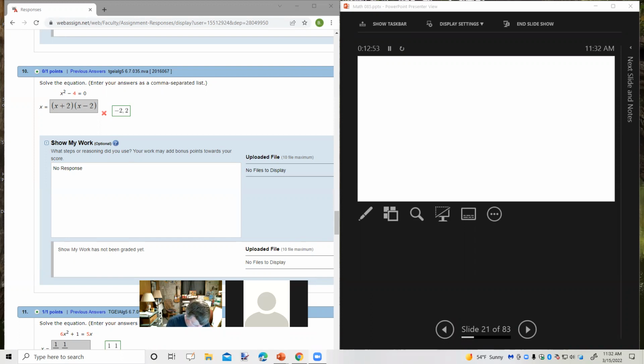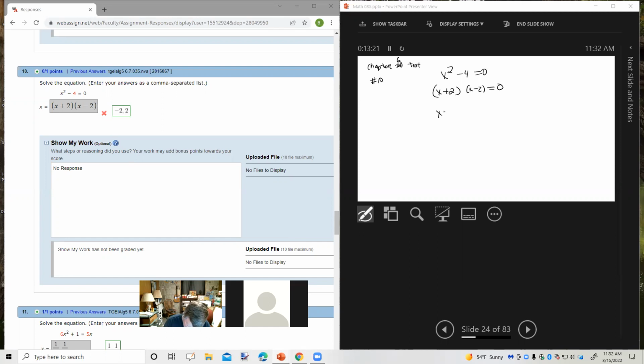This is the chapter 6 test, problem number 10. All right, so solve the equation x squared minus 4 equals 0. And you factored it correctly, but you didn't solve it.